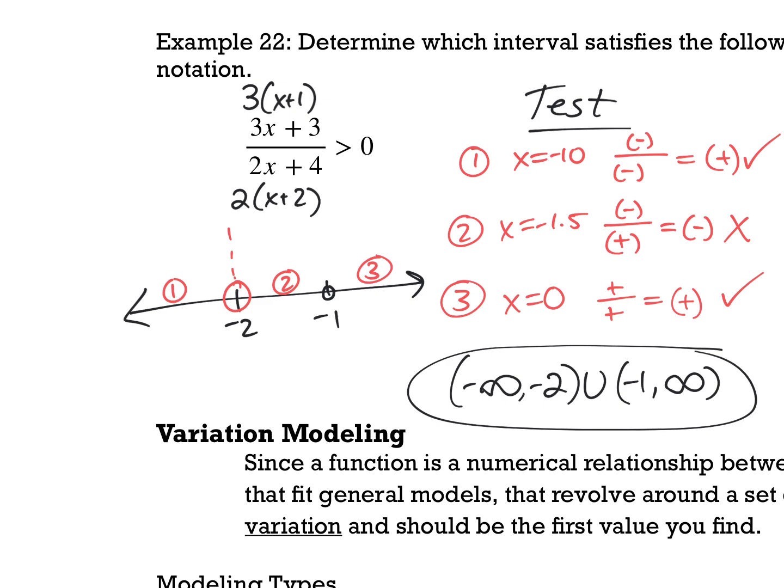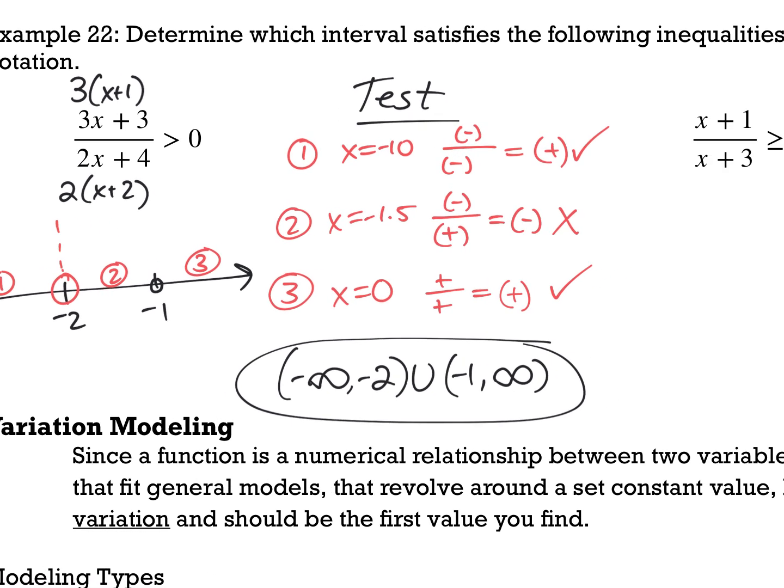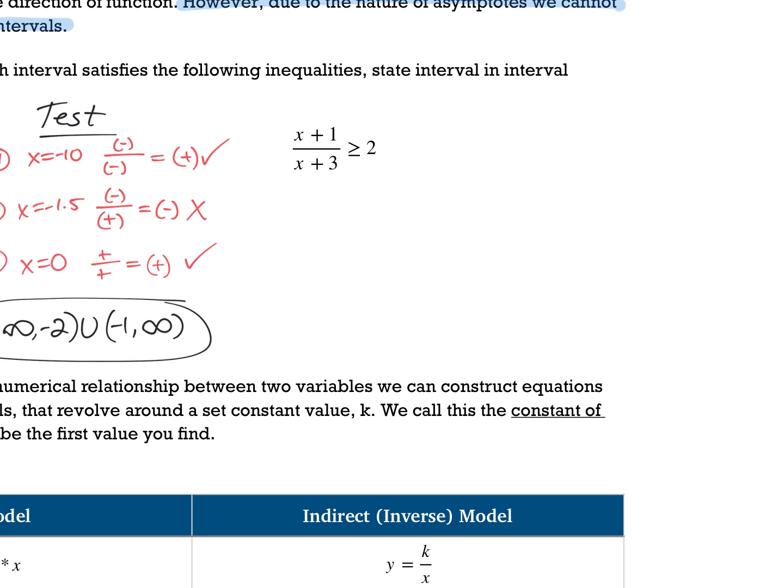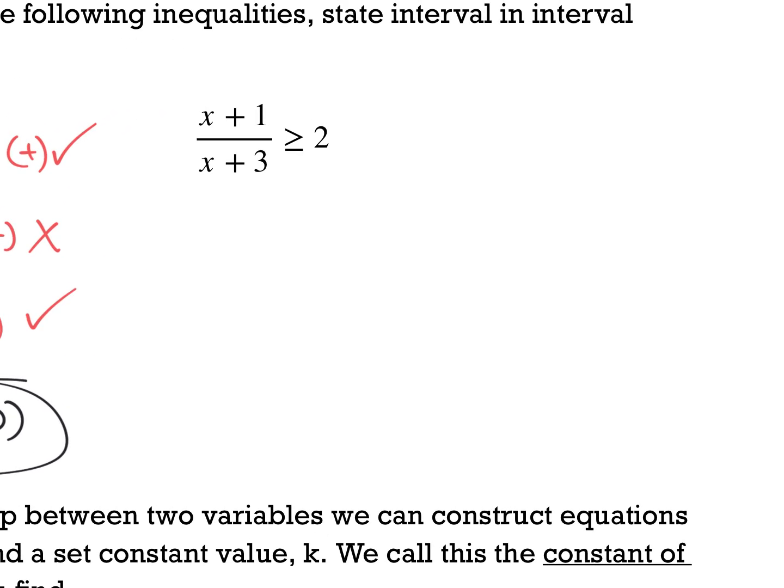One last problem, one more issue to deal with is if our inequality doesn't start set equal to 0, right? Like on the first one, we were greater than 0. So what we will do on something like the next problem is we will set that inequality to 0.